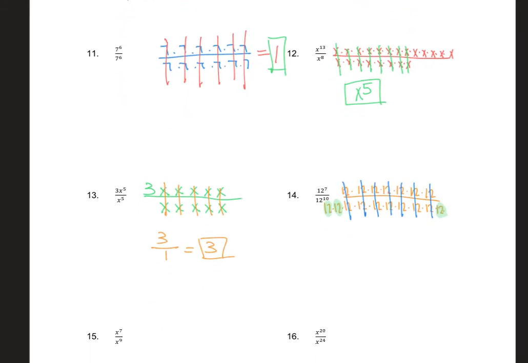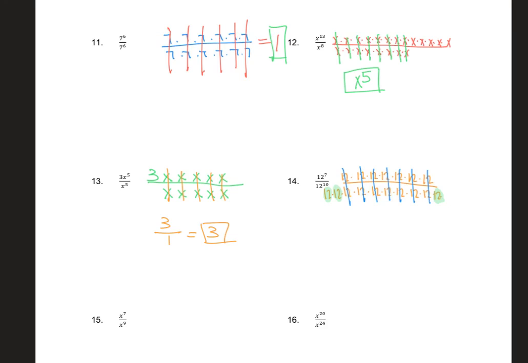So this is where, when I write 12 to the third, I have to write 12 to the third in the denominator. And what do I write in the numerator?